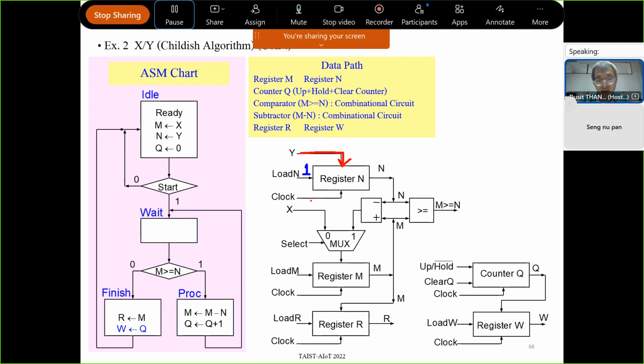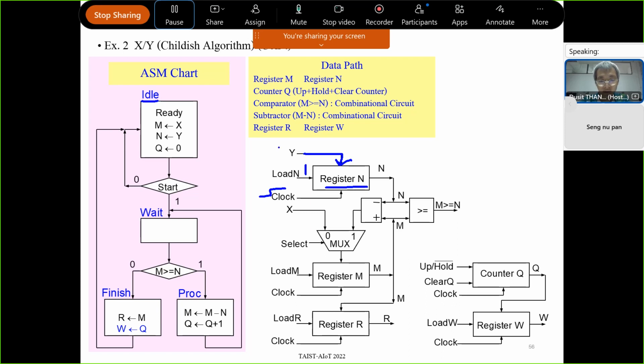Don't forget, this is a clock synchronous device. It must wait for the clock tick. At this stage, it just prepares the control signal. Load signal is 1 here, and when the clock ticks, it reads data from y and then updates register n with the value of y.